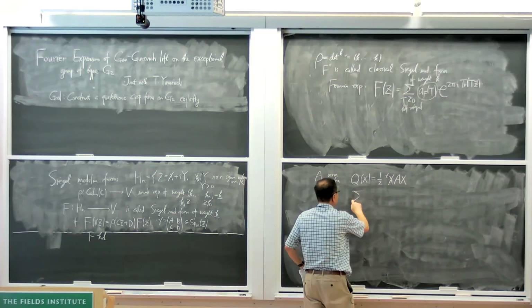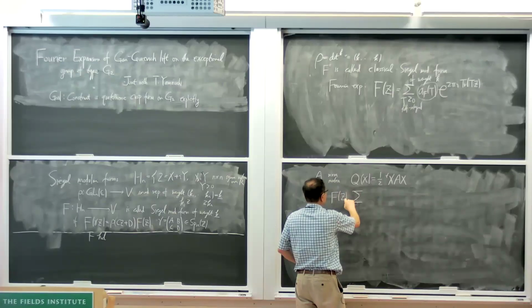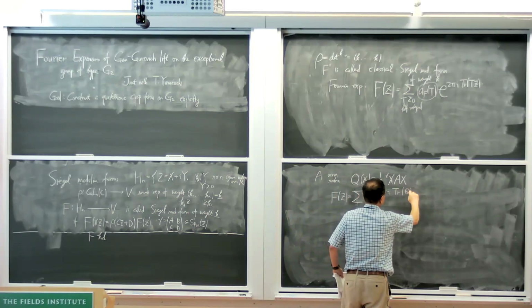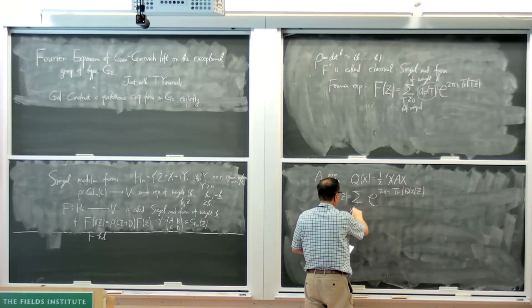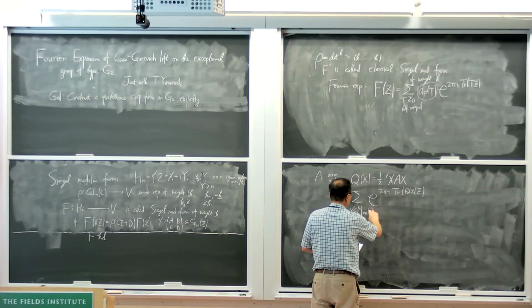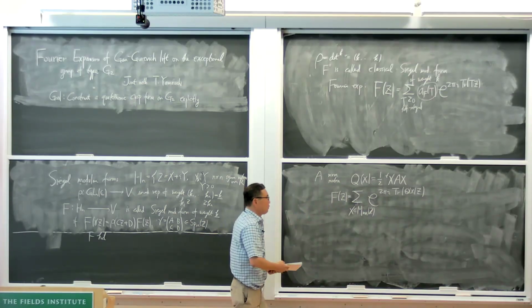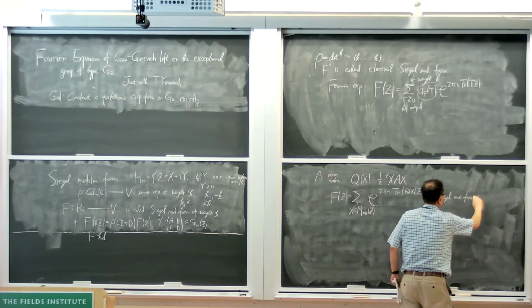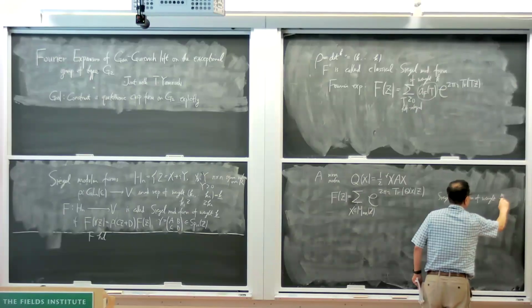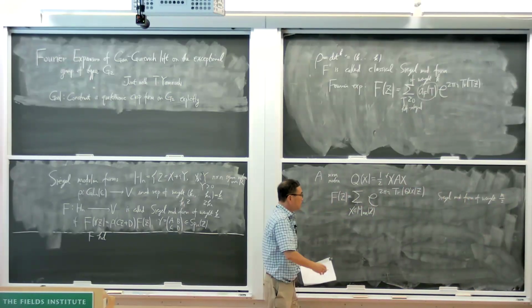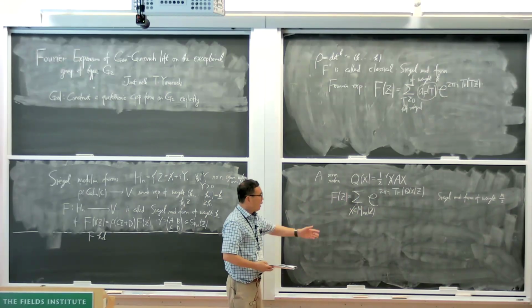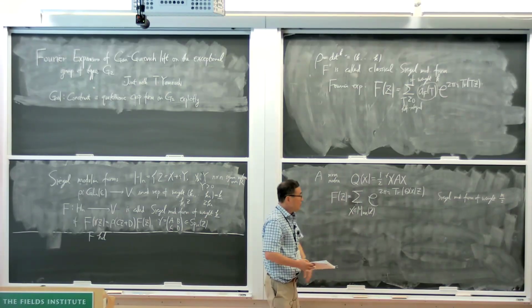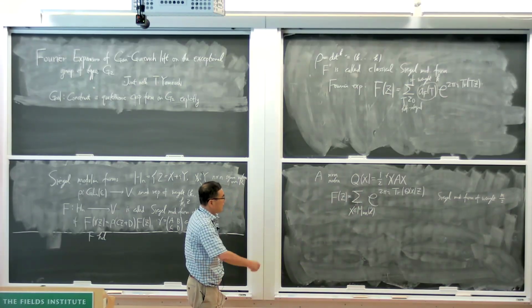Then you can form this theta series, the sum of e to the 2 pi i trace of Q[X] Z, where X is in m by n matrices over Z. Then this becomes a Siegel modular form of weight m over 2, and the Fourier coefficients are the representation numbers of T by this quadratic form. I'll skip those details.